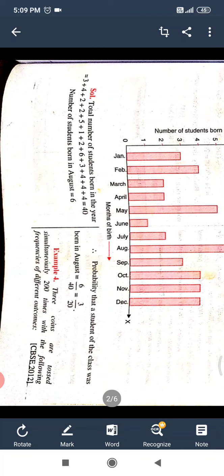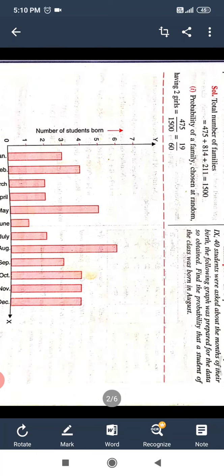3 coins are tossed simultaneously 200 times with the following frequencies of different outcomes.